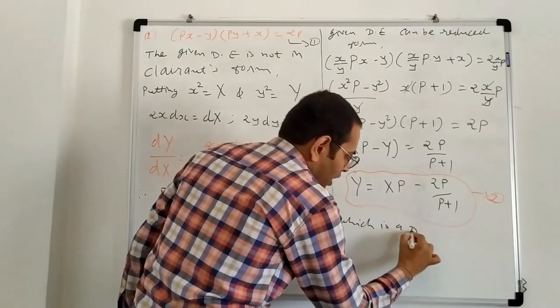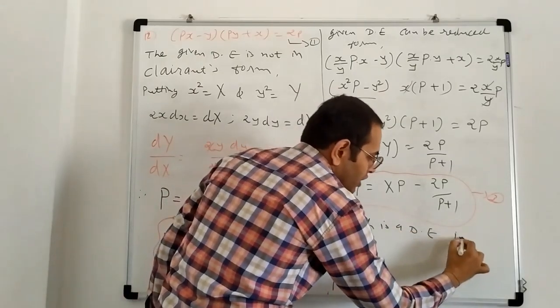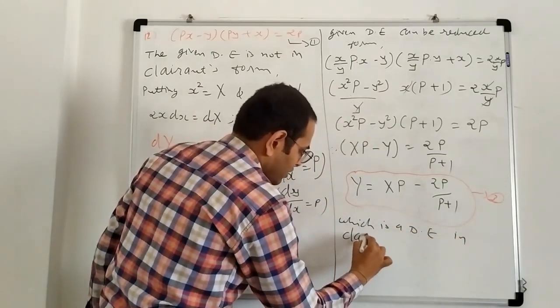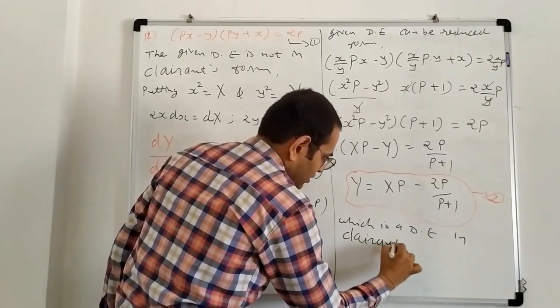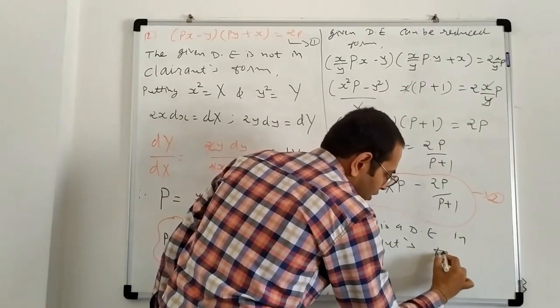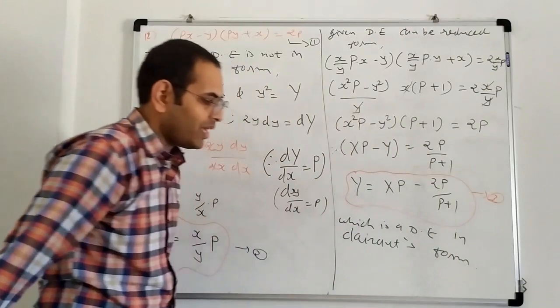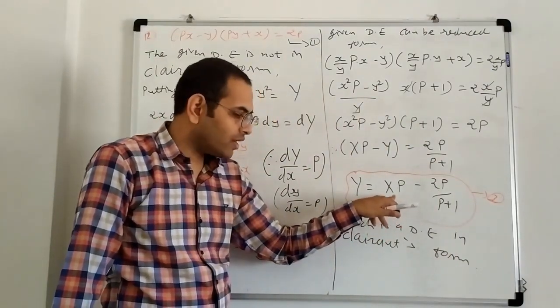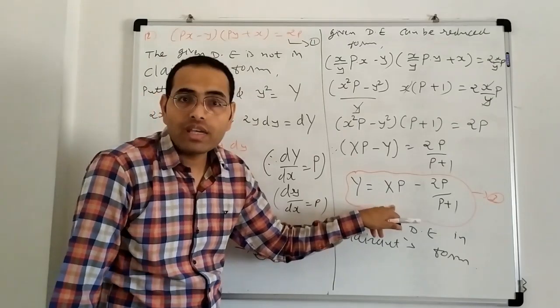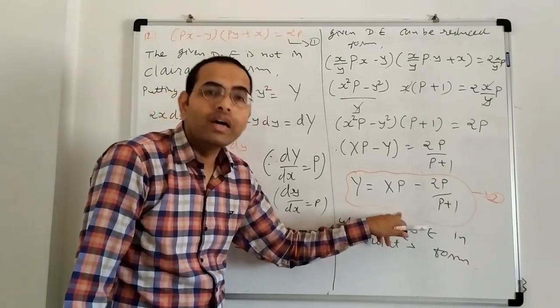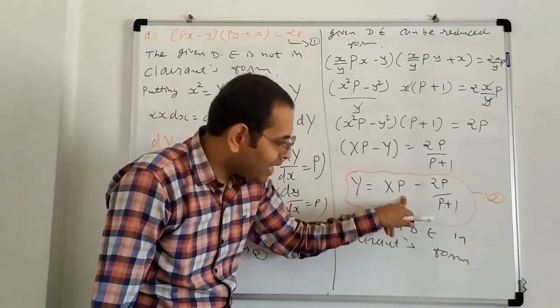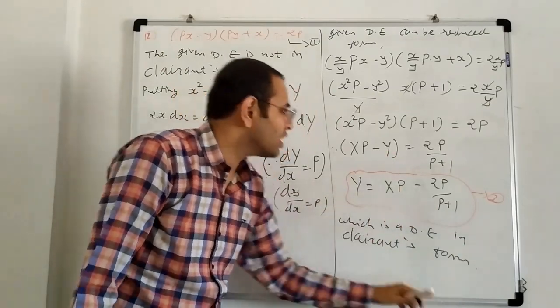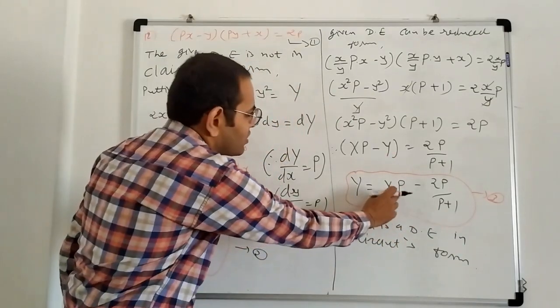This is a differential equation in Clairaut form, and the solution of a Clairaut equation is obtained by replacing P by C in this equation.